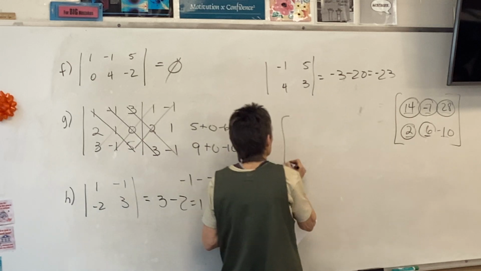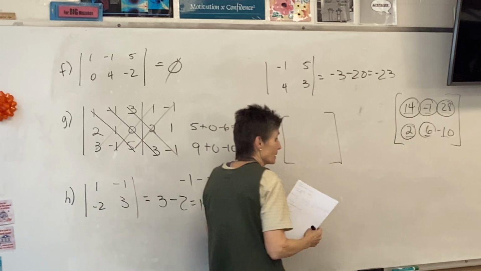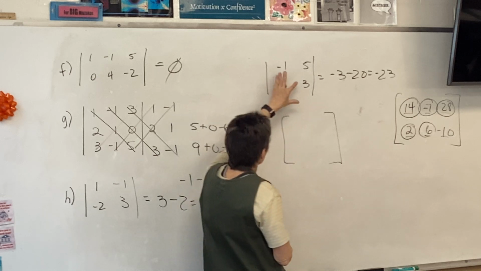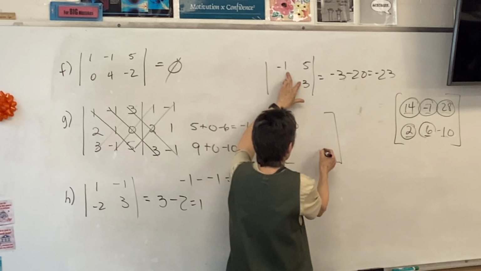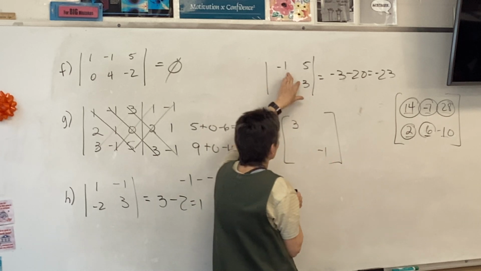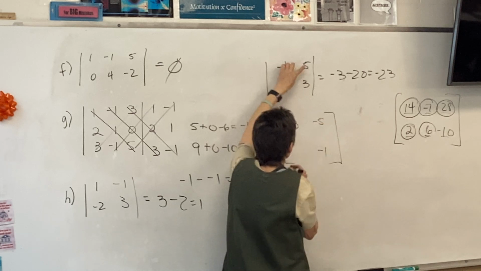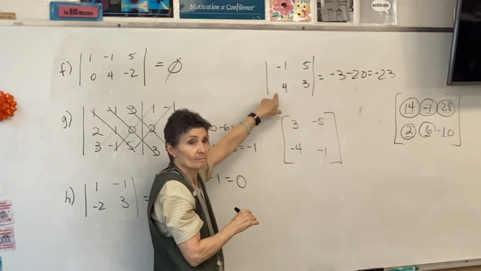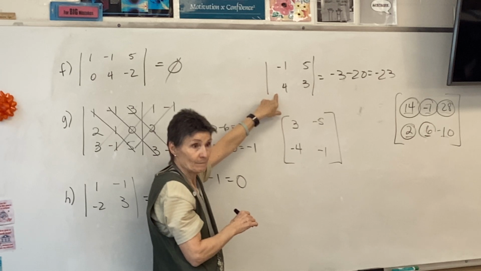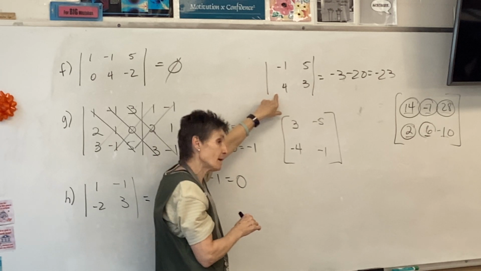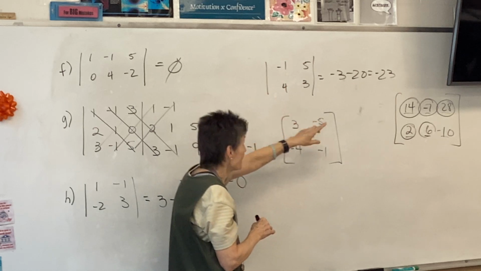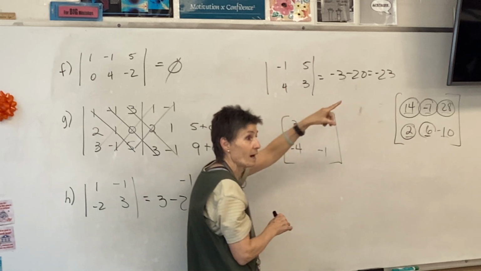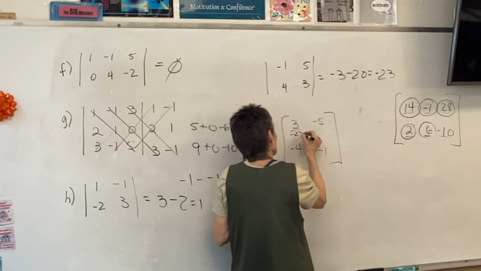Now we're gonna make a new matrix, and we're gonna make it by flipping these two, making the 5 negative and the 4 negative. Then I take my new matrix numbers and divide them all by negative 23.